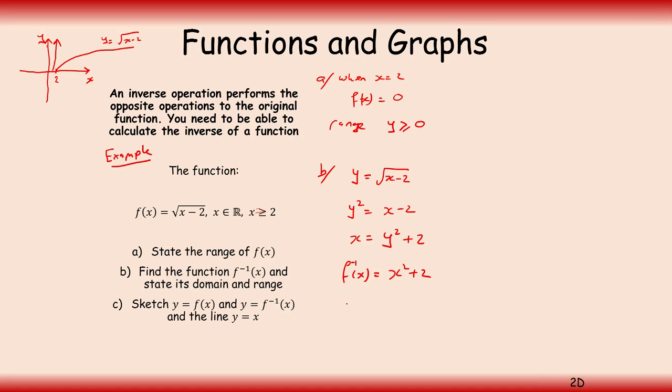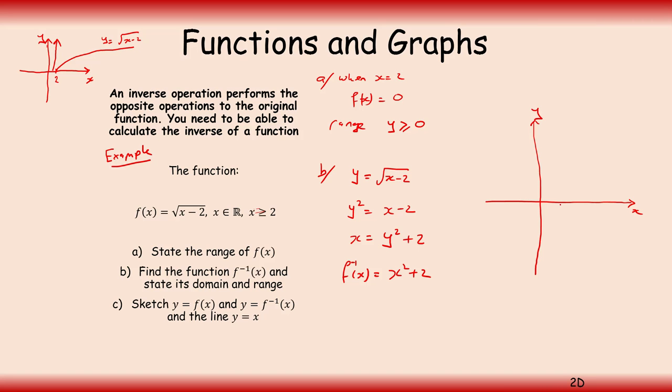And finally, I've got to sketch y equals f of x and y equals f to the minus 1 of x and the line y equals x. So if I sketch that here quickly, as best I can, doesn't seem to be a ruler in PowerPoint. So that's my x, that's my y.